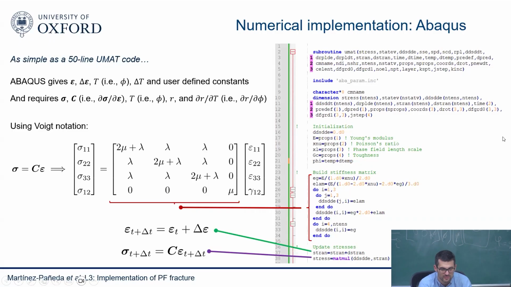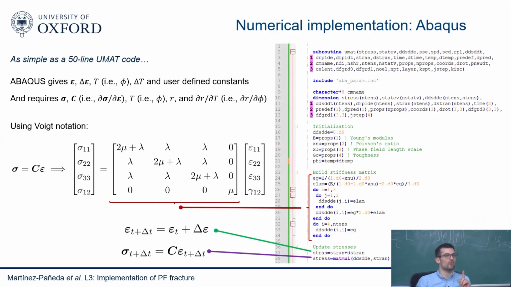They have this RPL and this DRPL with respect to temperature. I don't know if this was always there or they changed the interface, but I do know that we had to use the HETVAL, so probably they changed the interface, I guess, since 2020. But so it's basically all in a UMAT.